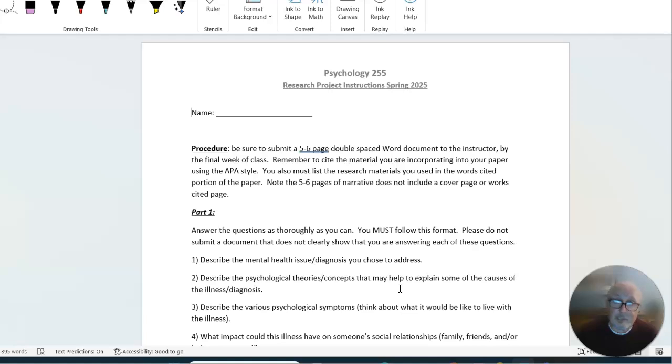Other folks might say that perhaps there is something in terms of how your ego developed, how your personality developed, or whether you have unresolved intrapsychic conflict from your childhood, for example.